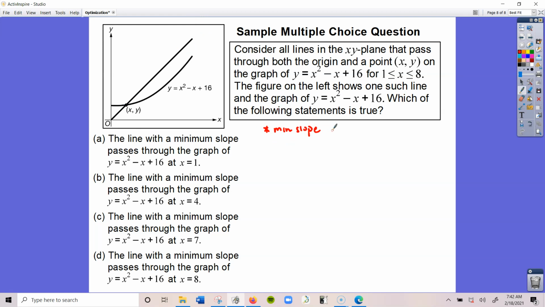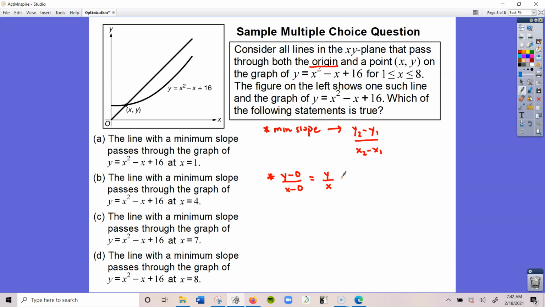So how do we find slope? Slope is y2 minus y1 over x2 minus x1. Since we know that it goes through the origin, I can plug in 0, 0 into one of these points. So I would say y minus 0 over x minus 0, which is y over x.